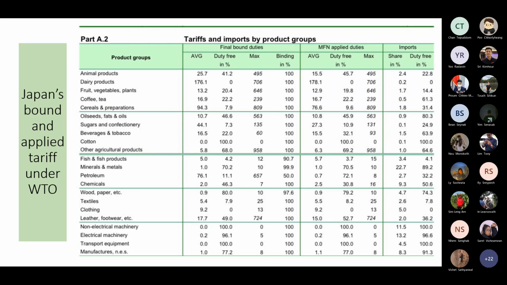The first one is the sensitive good, and the second one is the highly sensitive good. Sensitive goods can be fish, crops, fruit, or other agricultural yield. Highly sensitive goods, for Indonesia, would be palm oil. For Malaysia, it would be palm oil. But for Cambodia, it would be rice.